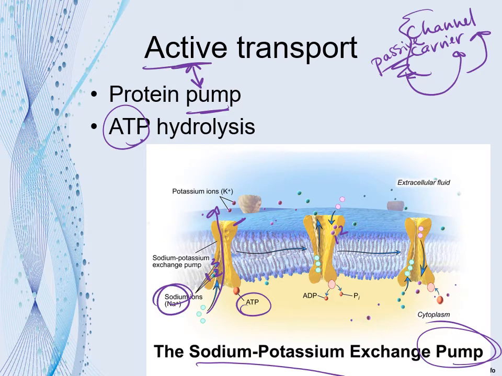We're going to move 1, 2, 3 sodiums out, and we're going to pull 1, 2 potassiums in. So we're going to move 3 sodiums out, 2 potassiums in. We're going to do that by using ATP over and over and over again. And this is how nerve cells prepare themselves to pass impulses. 3 sodiums get pumped out. ATP is required. 2 potassium ions get pulled into the cell.